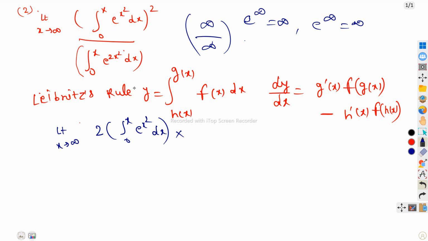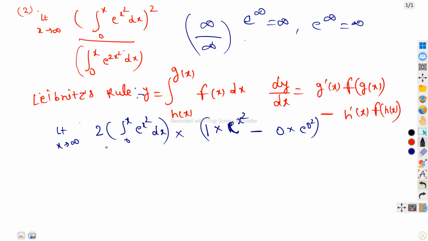Differentiation by this Leibniz rule, dy by dx equals, first of all we differentiate numerator and then we differentiate denominator. Then g'(x), what is g'(x)? g(x) equals x, so g'(x) equals 1, and f of g(x) becomes e^(x^2), minus h'(x) is 0 and this e^(0^2).